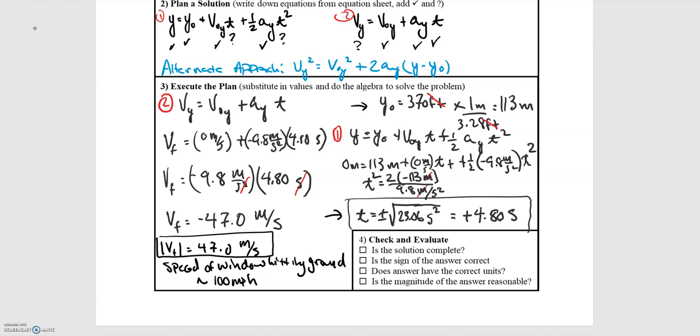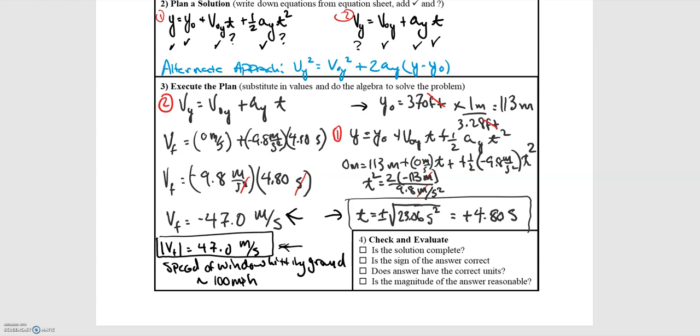After that, you can use that time in our second kinematics equation that we wrote down and find a final velocity of negative 47 meters per second right before the window hits the ground. Ultimately, we're asked to find the speed, so we need to take the magnitude of the final velocity, which is our final result of 47 meters per second.